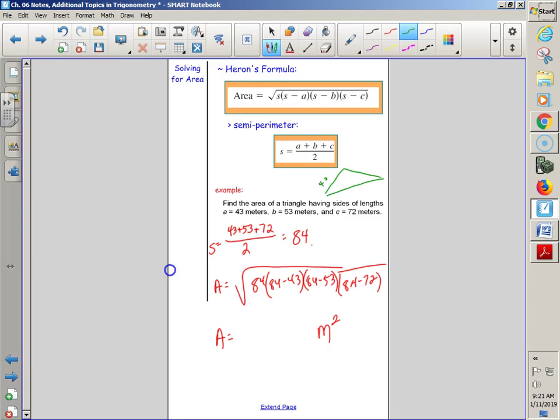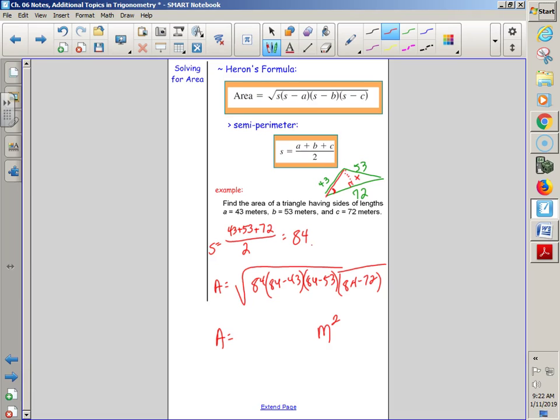If you had a 43, 53, 72, the only way to find this area without these new formulas from 6.1 and 6.2 would be finding the altitude. Because we need 1/2 base times height, and how would you find the altitude? Well, we have a hypotenuse, but I need this side also. You'd have to find this angle using law of cosines.